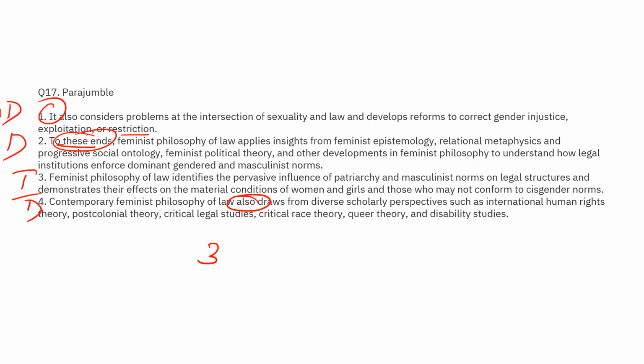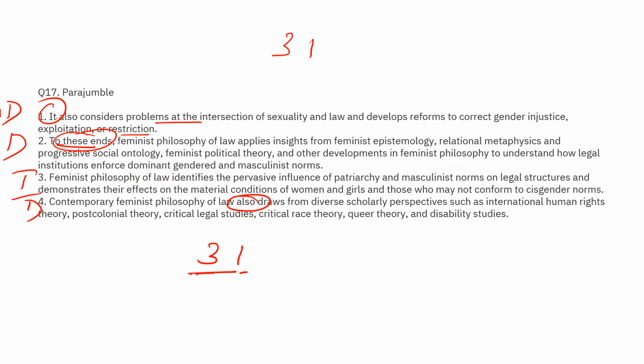So now the next question that comes to mind is: this, it also considers problems. So this relates to contemporary feminist philosophy of law or third. So see 1, so 3 is done. Now whether this 1 refers to what is given in 3 or what is given in 4.